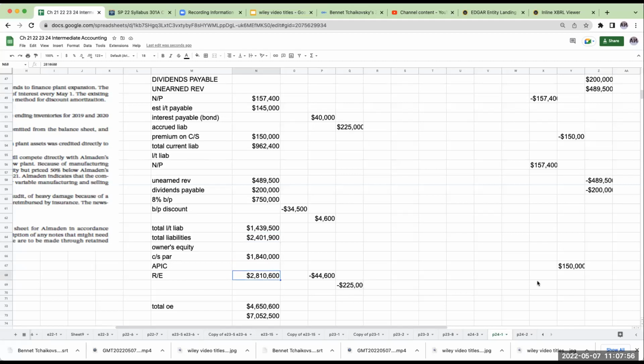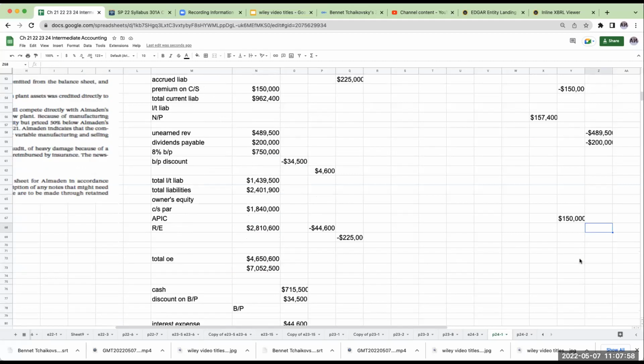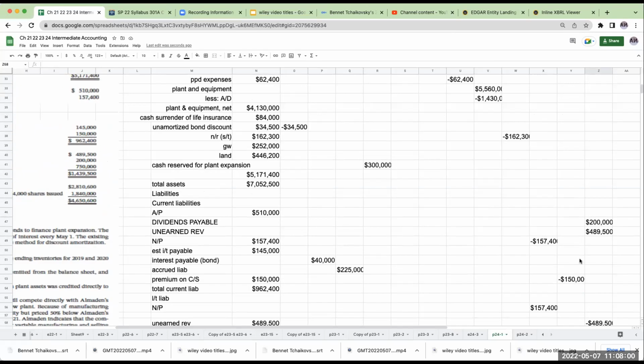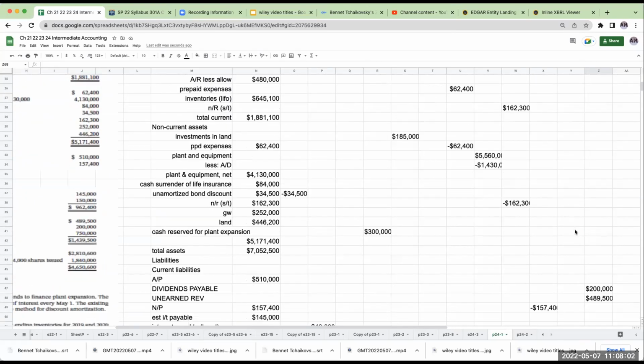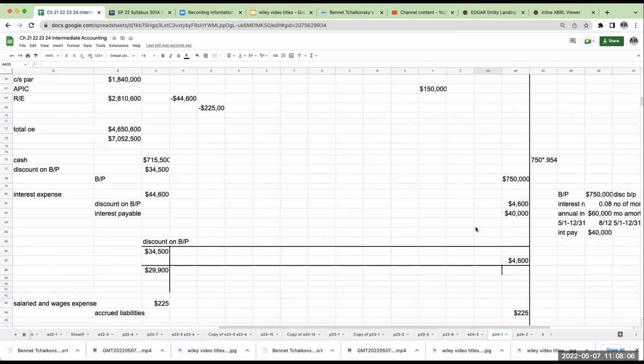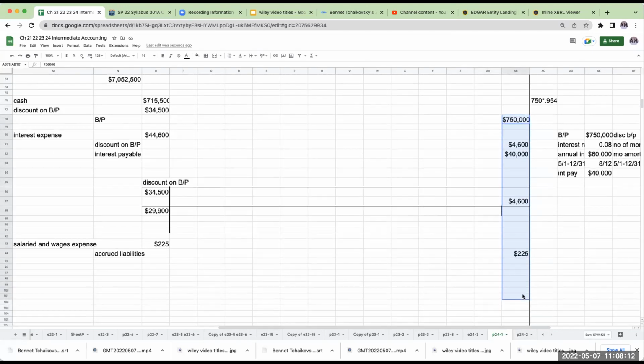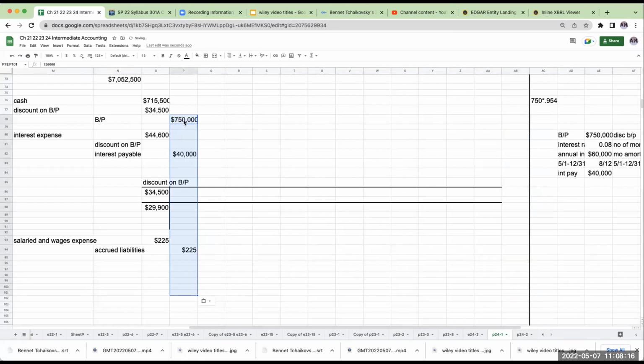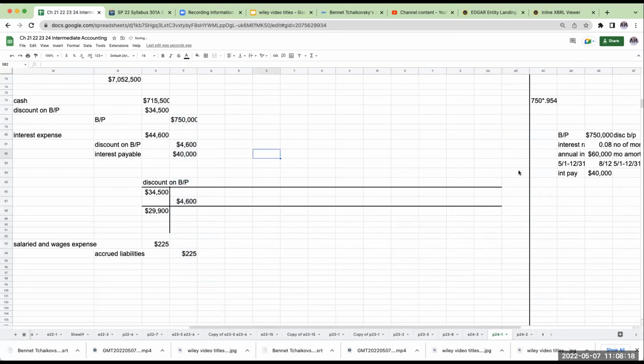Common stock, par, additional paid in capital, common stock. Okay, so I think we're now ready to roll it. So let's go through over here and see where we are in terms of our final balance sheet. And I want to do this before I go and do anything else. Okay.